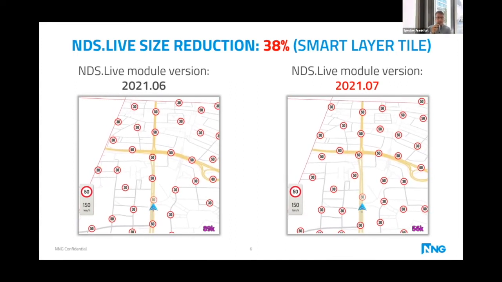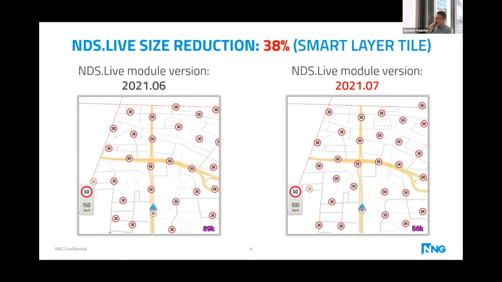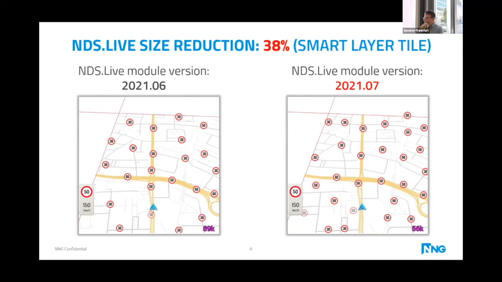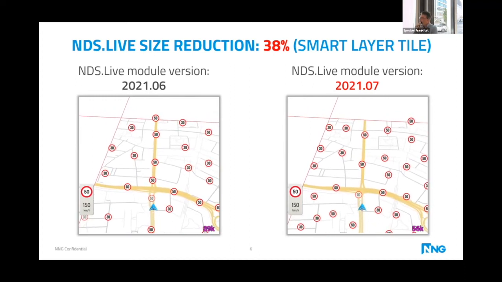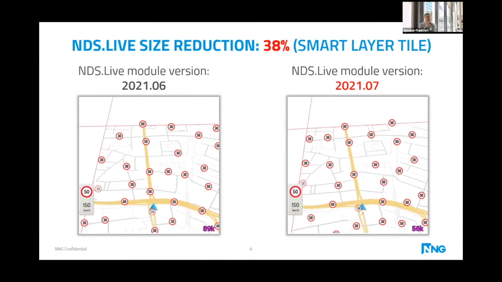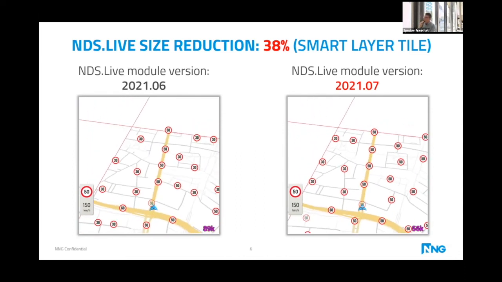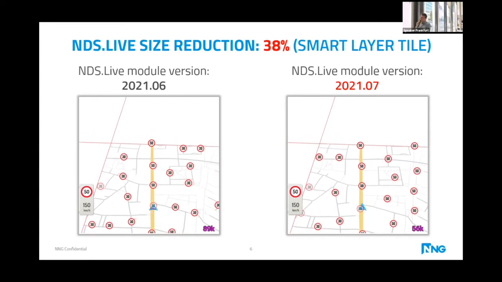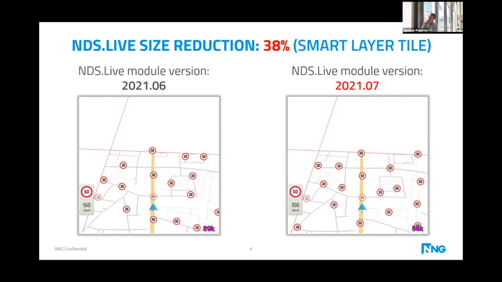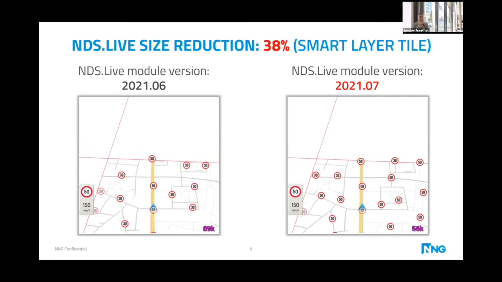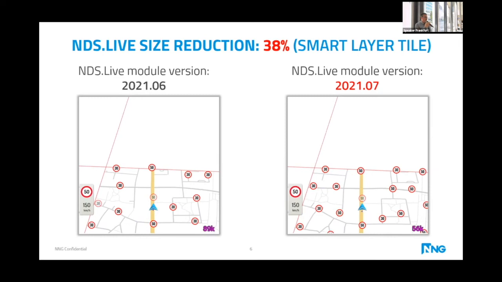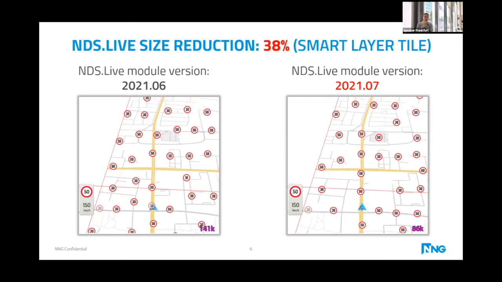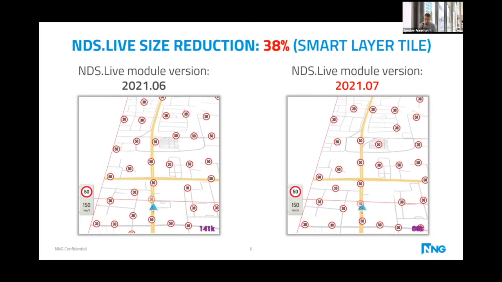Just check the data consumption counter. On the right-hand side, we have the new module version. We made some analysis and statistics, and just based on this simple route in Munich downtown, we achieved a 38% reduction just by migrating to the new NDS.Live version. I think that's already a great achievement.